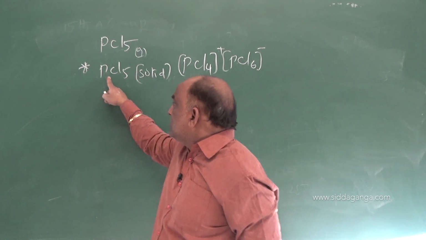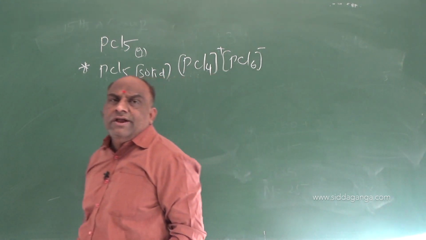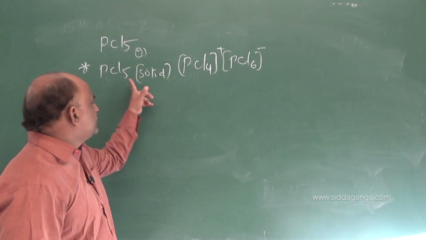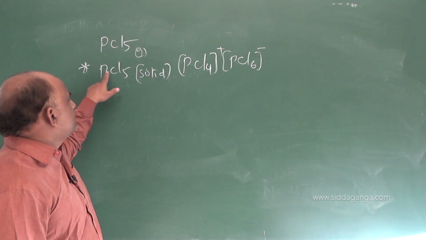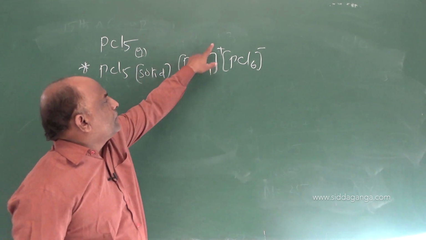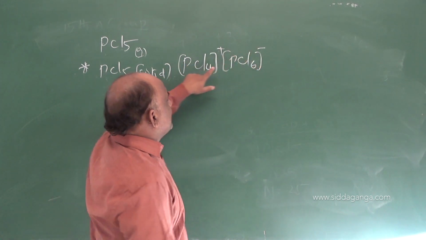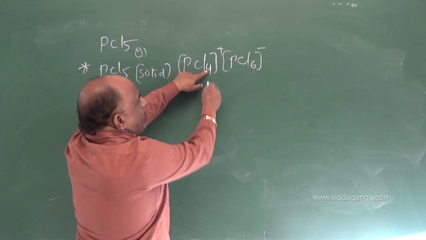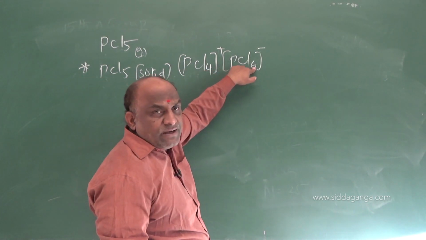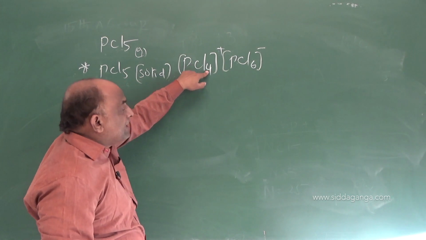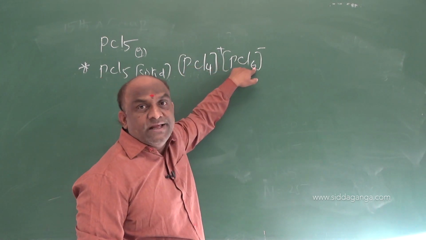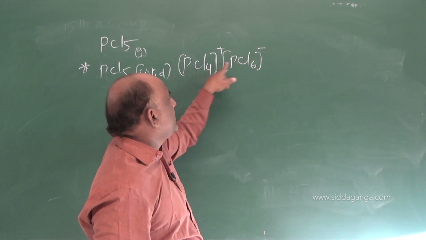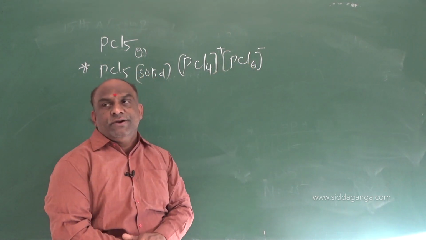Once we discuss the solid state, the solid configuration of phosphorus pentachloride is PCl4 plus and PCl6 minus. The 4 stands for 4 bond pairs, the 6 stands for 6. So one is sp3 hybridized and the other is sp3d2 hybridized. One has a tetrahedral geometry and the second has an octahedral geometry.